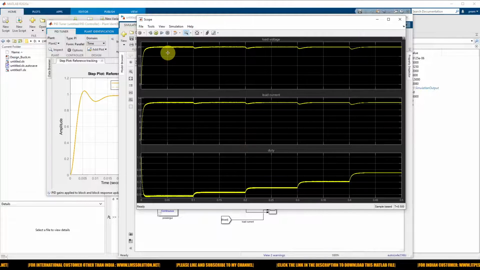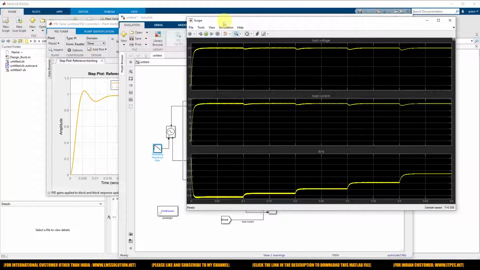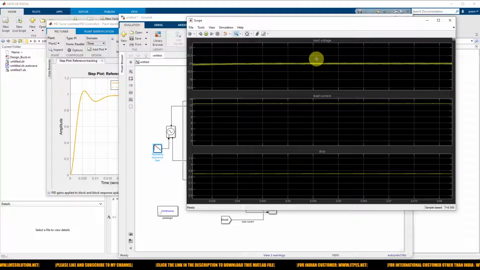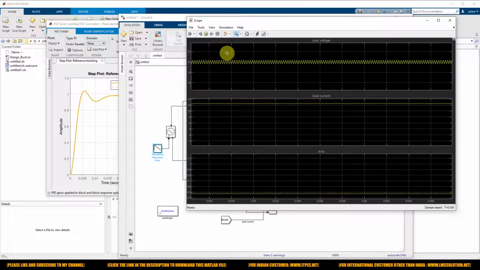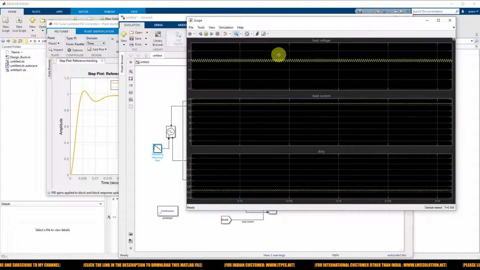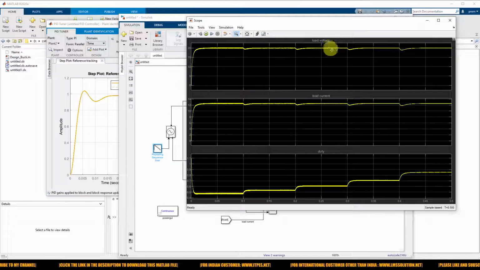Now we can see that when the input voltage is varying from 45 to 25 volts, what happened? The system still tracks the reference command, so it is maintained at 20 volts, right? But during that variation of input voltage, it has some undershoot.